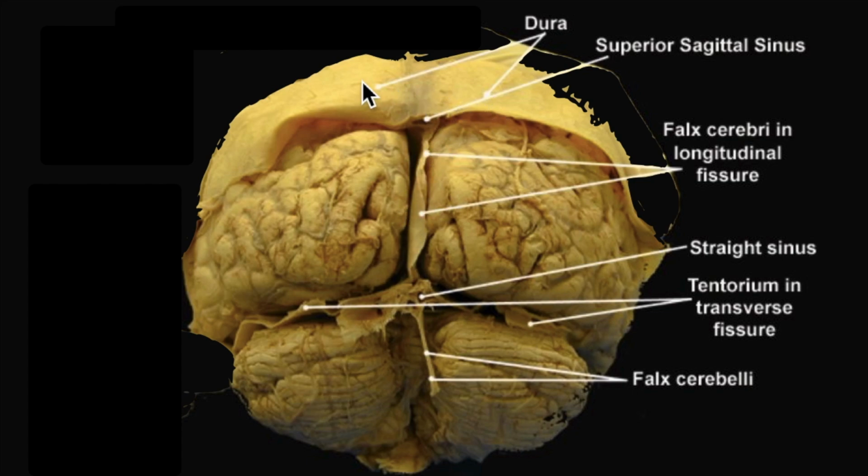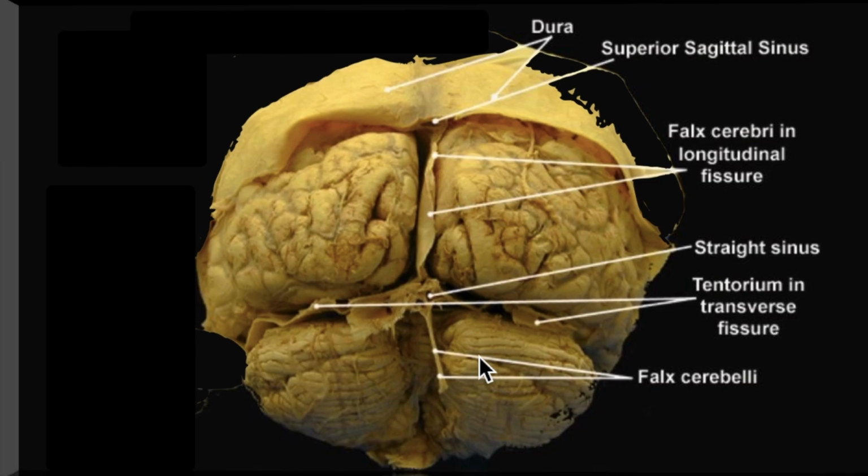This is the dura mater and this is the falx cerebri between the two cerebral hemispheres. This opening is the superior sagittal sinus. Then this is the falx cerebelli, which projects between the two cerebellar hemispheres, and then this is the tentorium cerebelli, which separates the cerebral hemispheres from the cerebellar hemispheres.